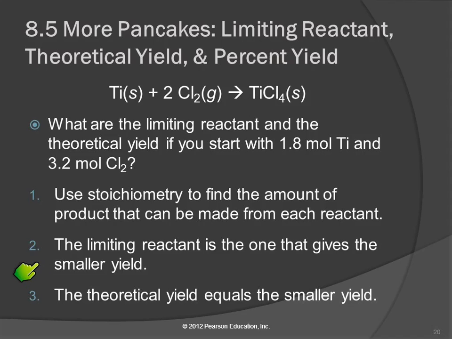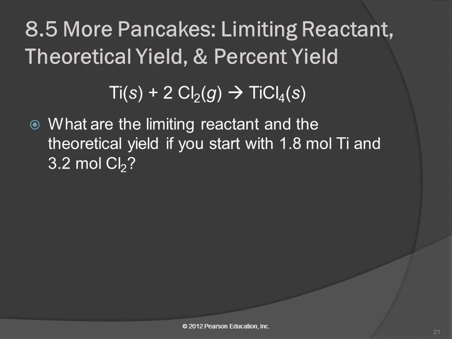That's our answer. I'm sorry, I think about this a little differently. I should change this slide. The limiting reactant is the one that gives the smaller yield, and the theoretical yield is the smaller yield. I find the smaller yield, and then I look back and see what reactant. So let's do this.